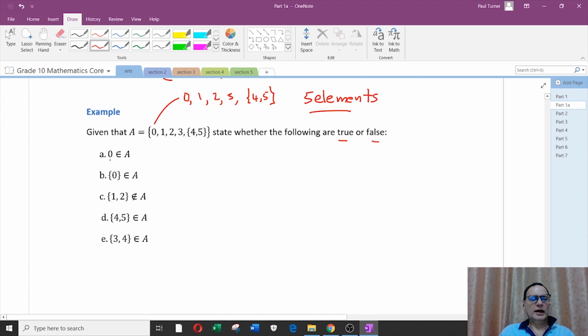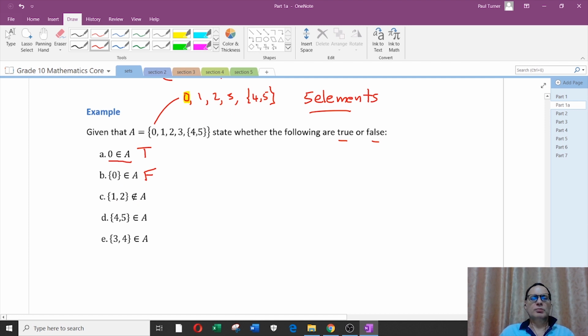So this is asking, is 0 an element of A? Is 0 an element here? True. So that's true. Now, {0} in brackets. Do you see the bracket here? It's not there, is it? So {0}, I mean 0 in a set, is it an element? No. So this is false. {1, 2} is not an element.